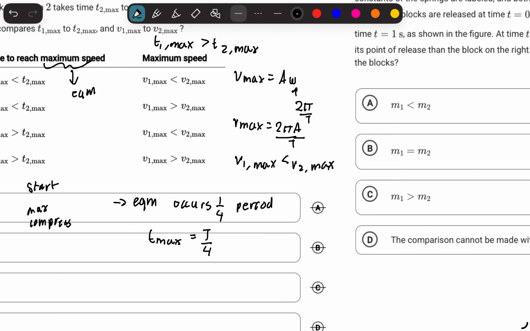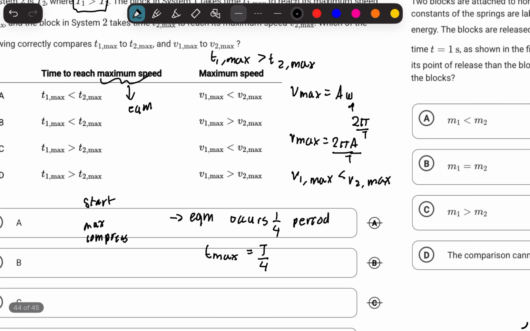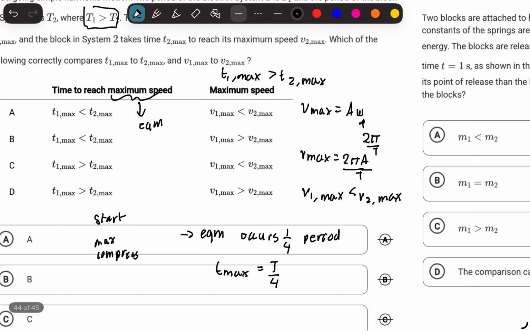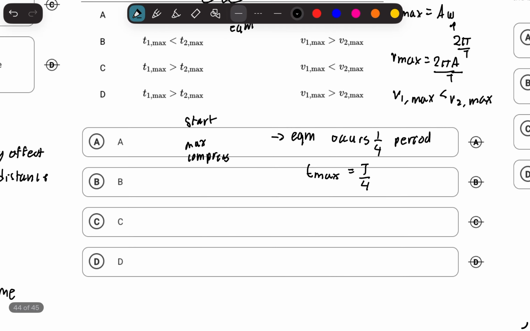When T is larger, it divides the 2 pi A and creates a smaller number. Therefore, these two are going to be opposite.